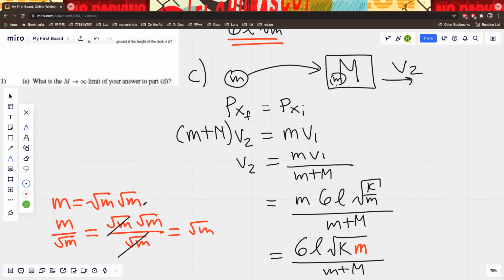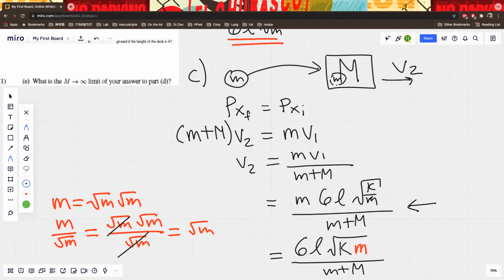Sorry, what are you asking for again? Okay, so in this equation right here, we had an m in the numerator. Yes. And we also had a 1 over square root of m in the numerator. So I was asking how to simplify that. Okay, so m times this 1 over the square root of m, I'm just ignoring the k at the moment.